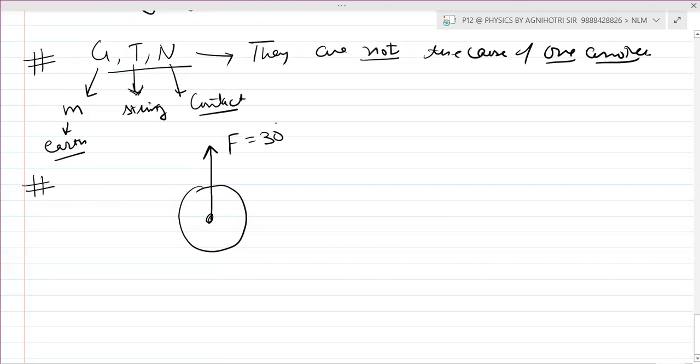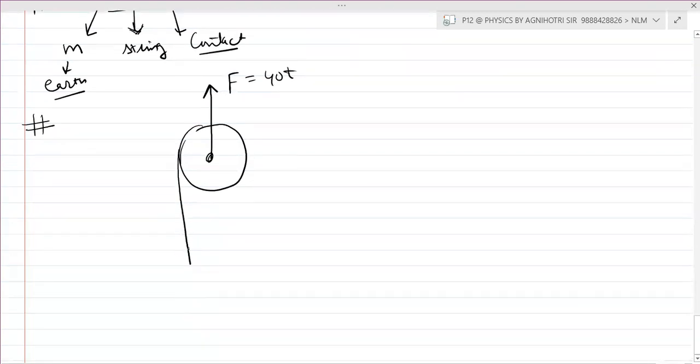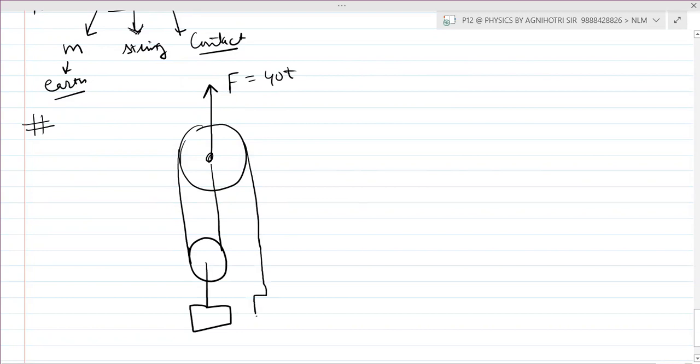Let it be 40T. I have attached a block over here, and I have attached a block over here. So it's a very, very simple concept.